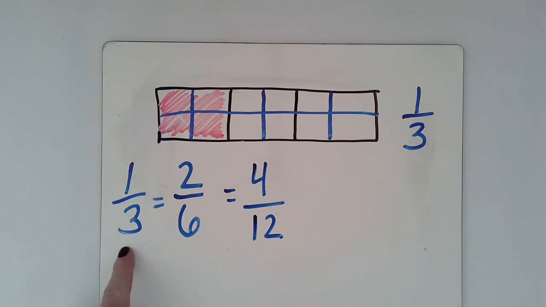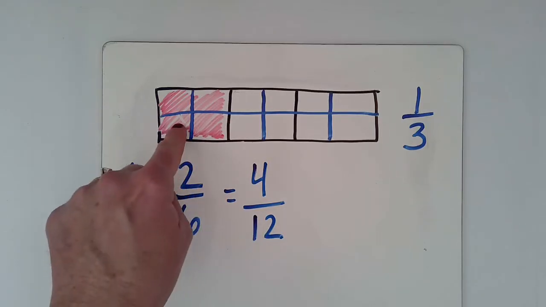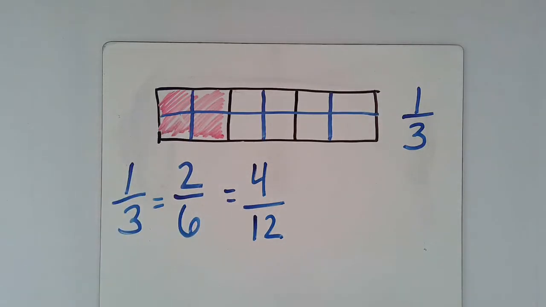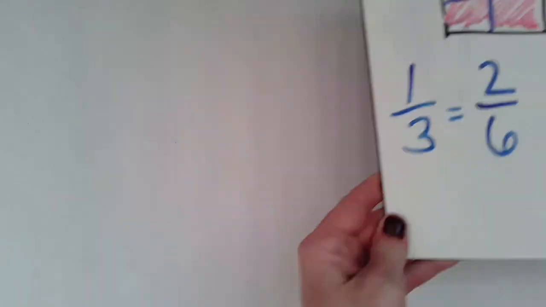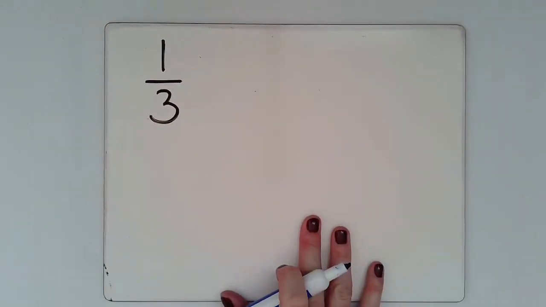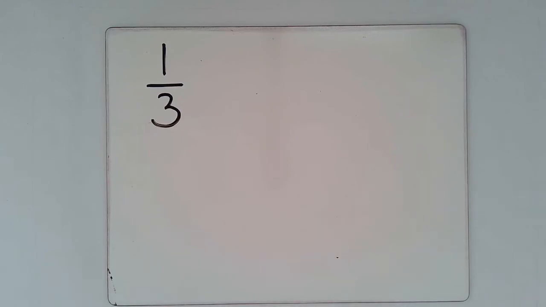Okay? The numbers are looking different, but the amount is not necessarily changed. I didn't shade anymore. I just created more equal parts. Okay? So now we're going to take a look at using multiplication and division to help us find equivalent fractions.